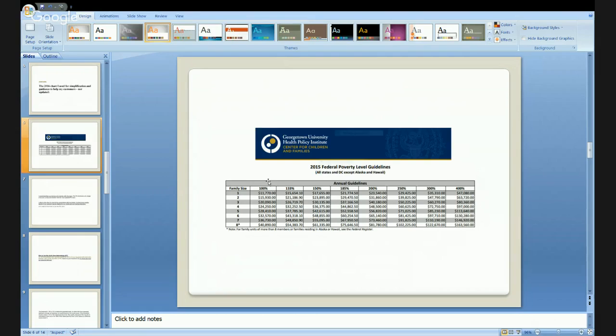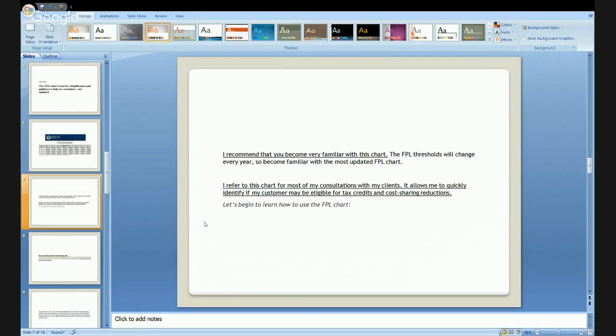We're going to begin to learn in future tutorials why these percentages are extremely important. But for simplicity purposes, I want you to just take a look and see what the federal poverty limit chart looks like, because the more familiar you become with this chart, the better equipped you are going to be to make decisions.